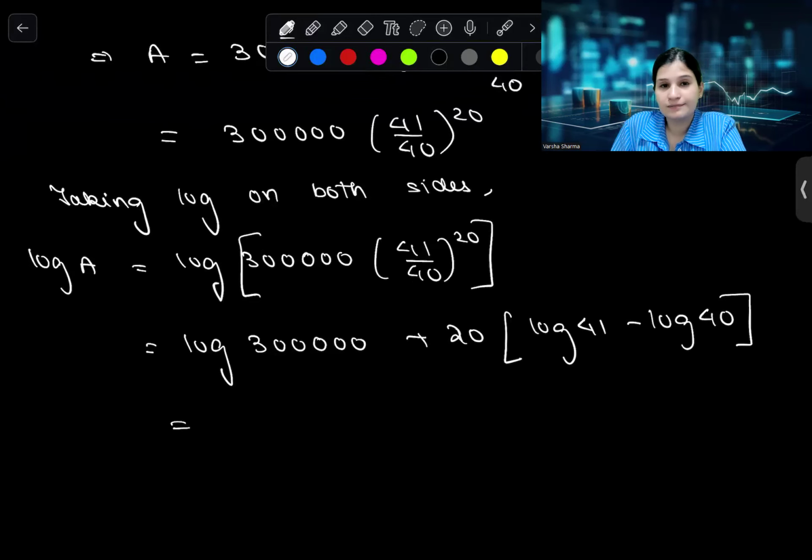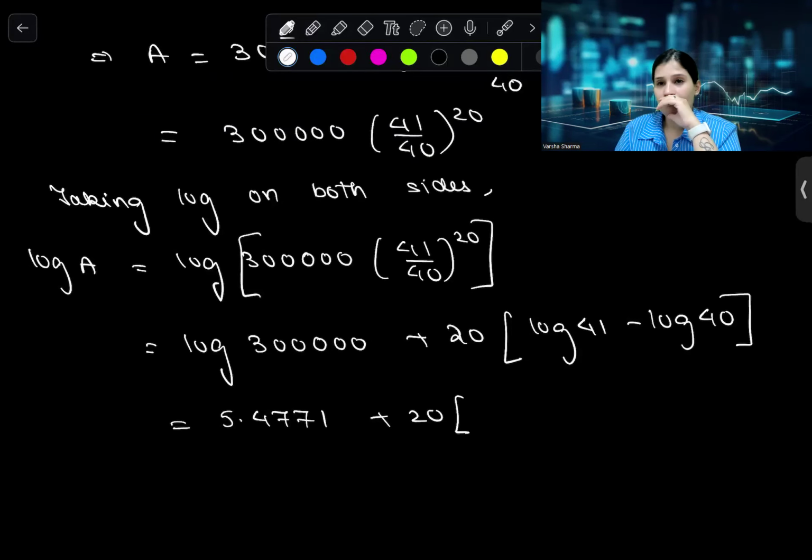Find the value. What is log 3 lakh? 5.4771.